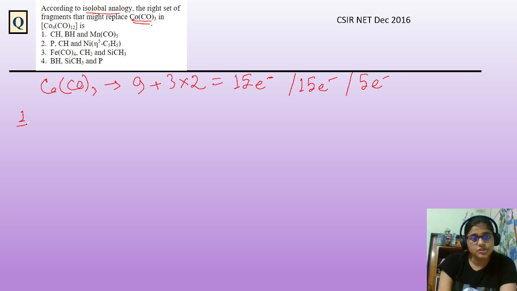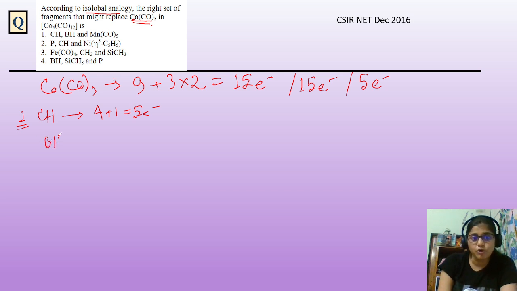See, each option has 3 parts, 3 molecules, so we have to calculate for each. CH is 4 plus 1, 5, matching, but all 3 parts of the first option should match.